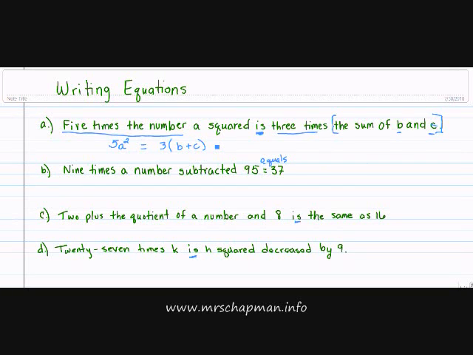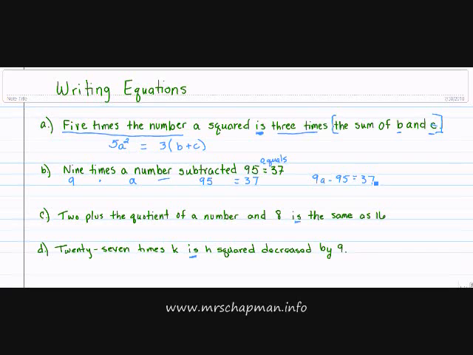Okay, the next one. 9 times a number is subtracted from 95 equals 37. Now, if you look at this problem, you need to say to yourself, if I have 9a minus 95 equals 37, that says 95 is subtracted from 9a.